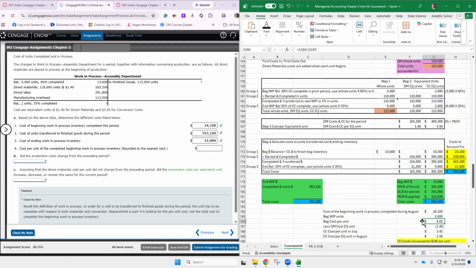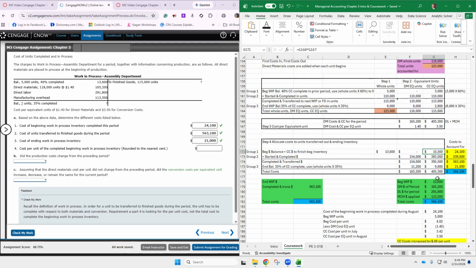You say, how did you find that? If you take the total cost to finish all 5,000 of those, which are 40% complete, so we've got to take 60%, 60 times 3 grand, and then here's how we got this number.